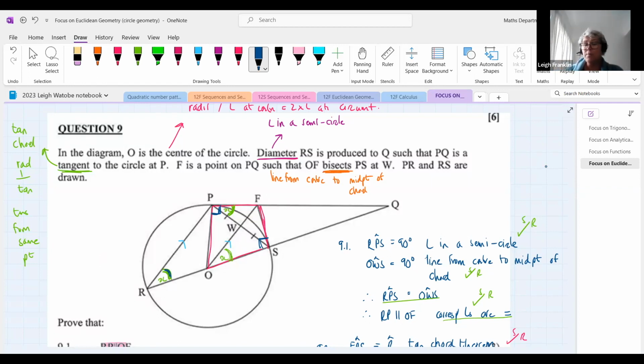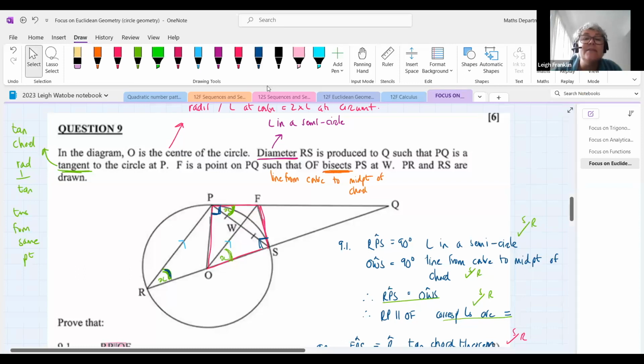We know that the opposite angles of a cyclic quad are supplementary. So the angle at S, FSO, also has to be 90 because we've proved the quad is cyclic. Okay, so because this angle over here at S is also 90, line FS has to be a tangent to the circle.